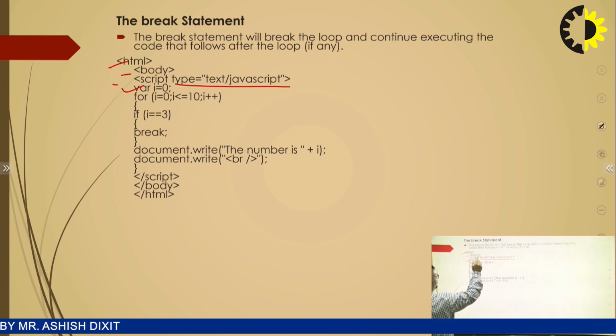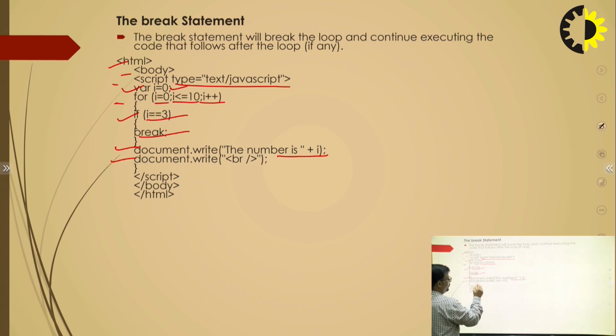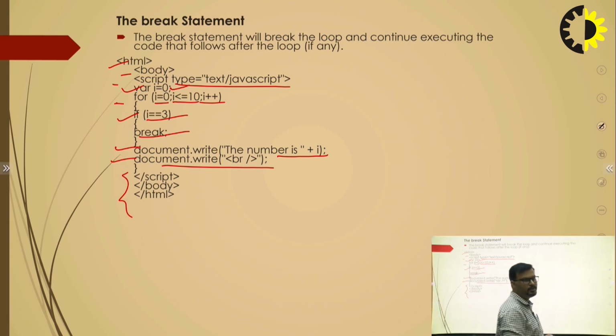Here this is the initialization, var i equals 0, then for i equals 0 initial, i less than or equal to the condition, then i plus plus will be the increment or decrement. Then if i equals 3, then break, then document write, the number is this, then document write, then bracket. Okay, then script will be closed and body will be closed and HTML will be closed.